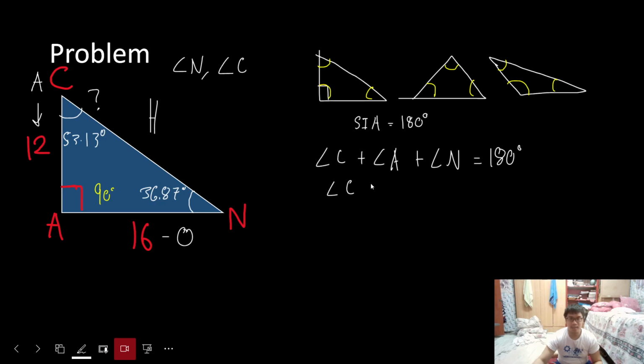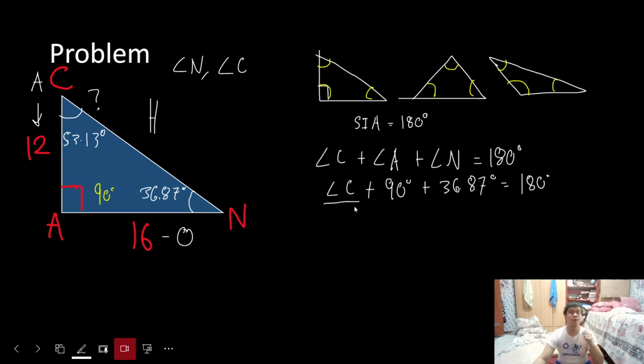Angle C is missing. Angle A, which is your right angle, is 90 degrees. And your angle N is 36.87 degrees. As you can see in this equation, there's only one missing variable, or missing angle.